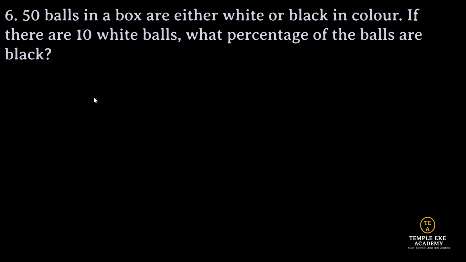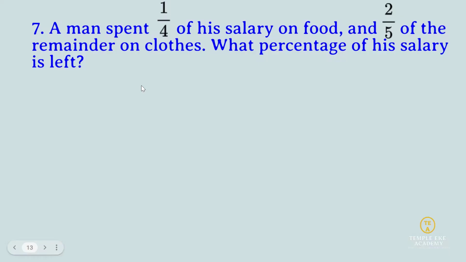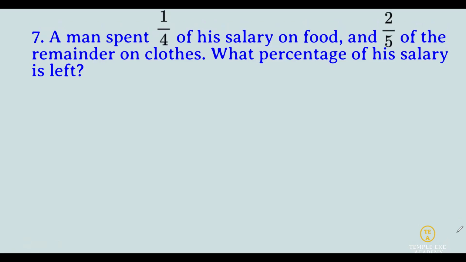All right. Now we're going into the mixed problems. So let us consider how these are done. A man spent 1/4 of his salary on food and 2/5 of the remaining on clothes. What percentage of his salary is left? We learn to use the whole salary. The whole salary is represented by a whole number.